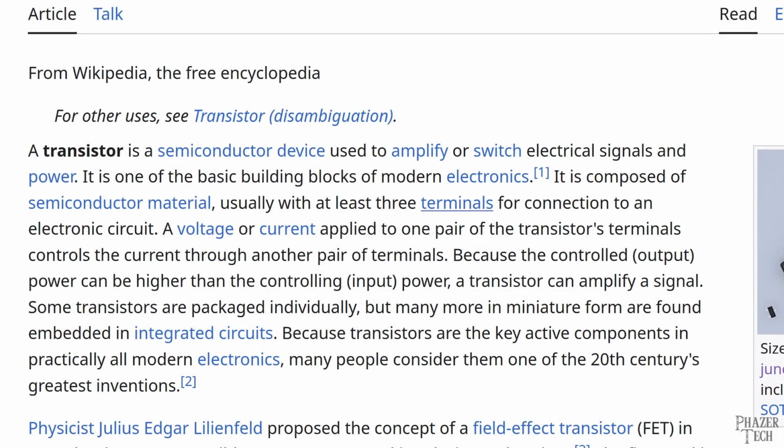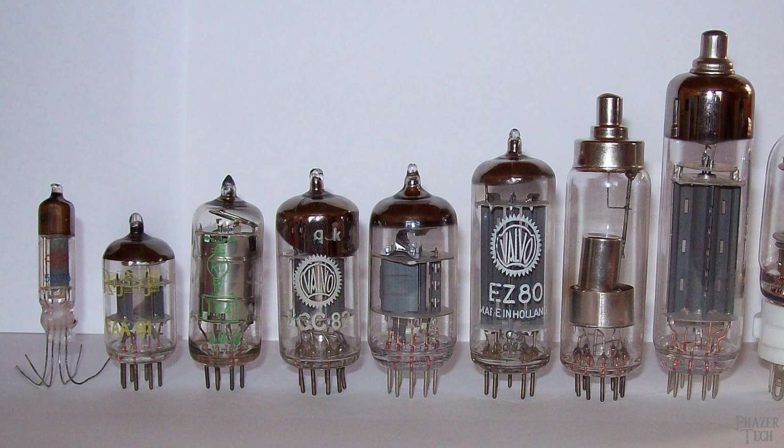So from a fundamental point of view, transistors are simply an electronic switch made from semiconductors that can be used to turn on and turn off other devices, or to amplify a signal. Before transistors were developed, vacuum tubes were used to accomplish these tasks. But the drawbacks of tubes is that they're large, waste lots of power, and as a result, they get quite hot.